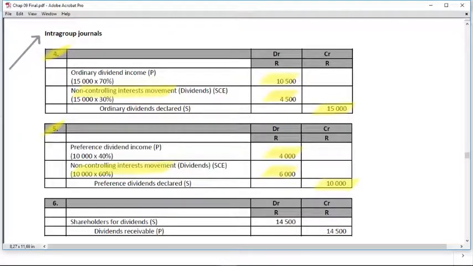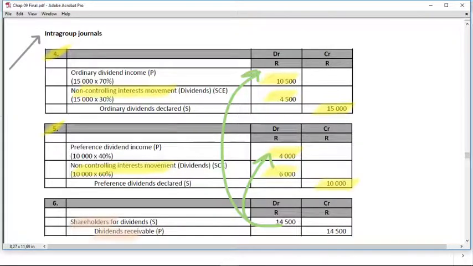But for intra-group consolidation journal entry purposes, only the portion owed by the subsidiary to the parent represents an intra-group balance to eliminate, so we eliminate the liability shareholders for dividends against the assets dividends receivable, and the amount of 14,500 is only the amount owed by the subsidiary to the parent, which is that 4,000 Rand plus the 10,500 Rand, representing the dividend owed to the parent.